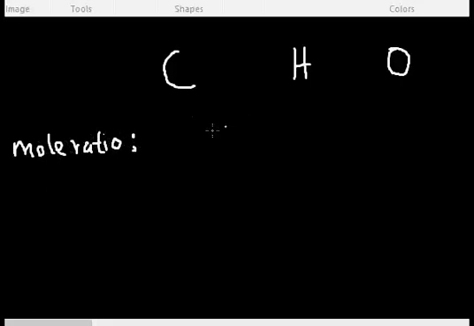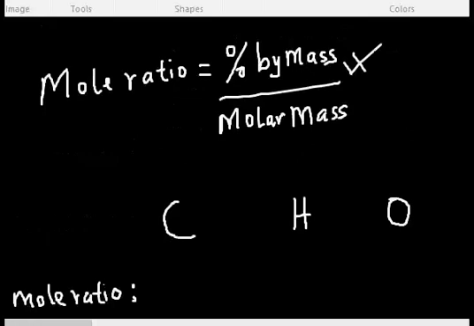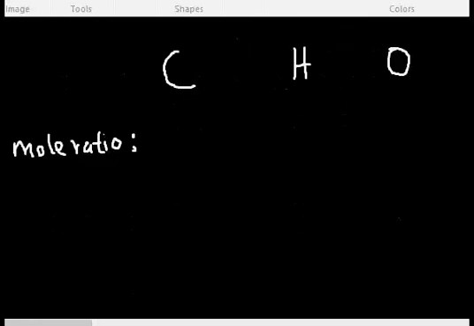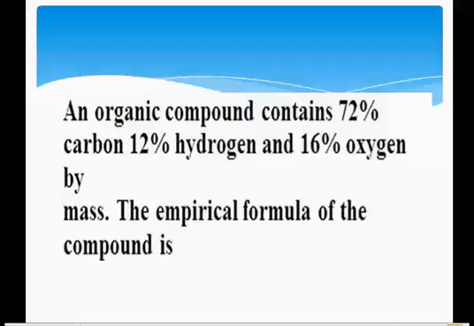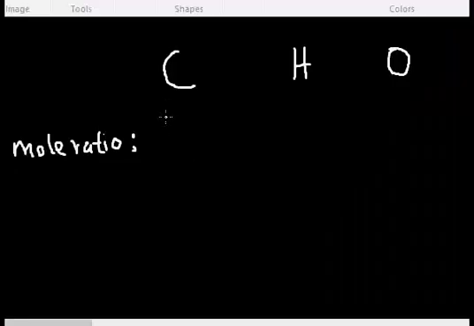Of course, by mole ratio, we know that we use the formula percentage by mass all over molar mass. Okay, so percentage by mass according to the question of the carbon is 72%, then divided by the molar mass of carbon. Of course, you know that the atomic mass of carbon is 12, right?